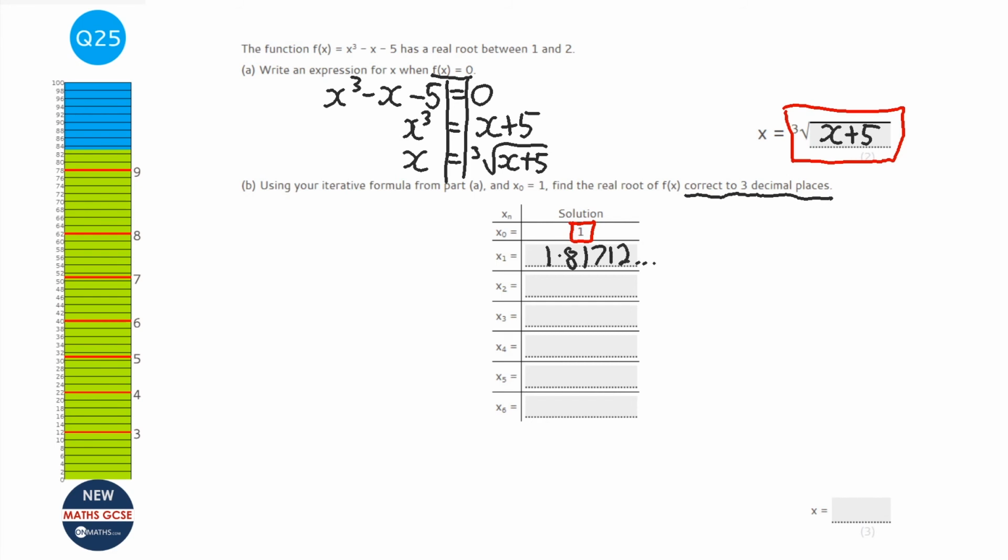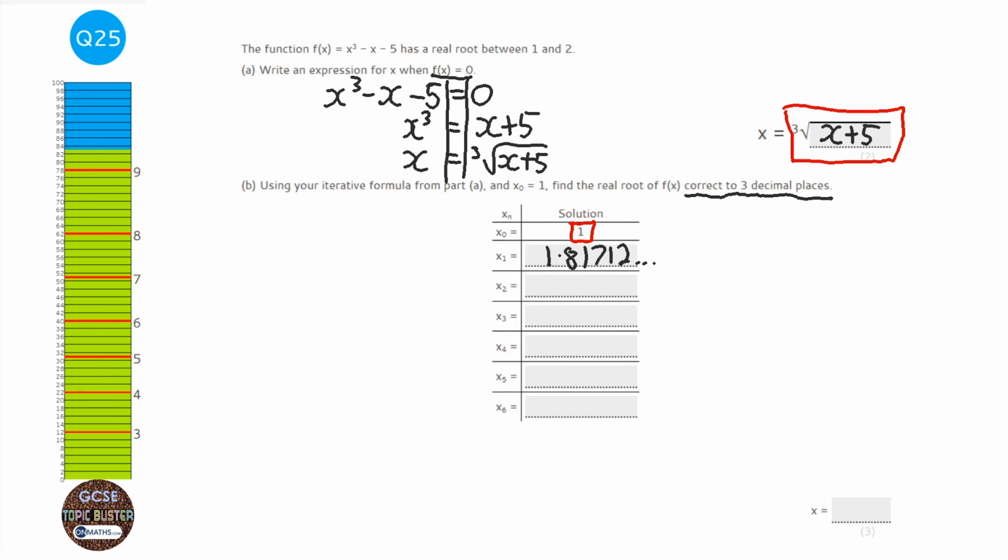Now I need to keep that answer, so I'm going to press the cube root button, then click inside the root and click answer plus 5. And the calculator will remember the answer to the one we had before. If you try and round them, you will get very, very different answers, and it might take you a little bit longer, or you might make a mistake. So you let the calculator do all the remembering for you.